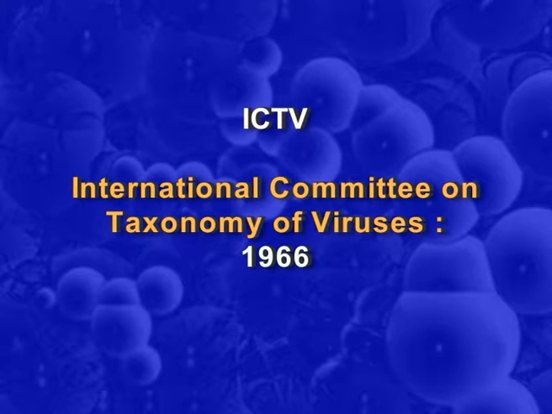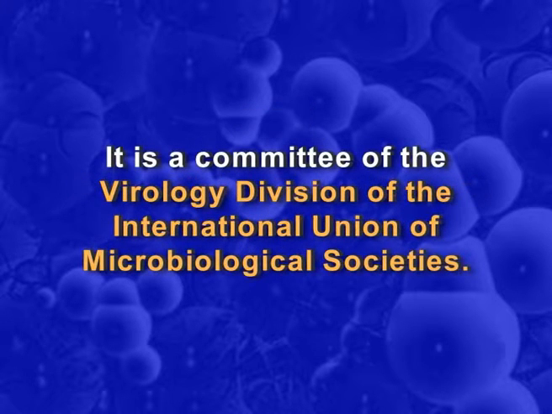Then in the year 1966, the International Committee on Taxonomy of Viruses, called ICTV, was formed. It is a committee of the virology division of the International Union of Microbiological Societies. The speciality about this unit was that they used to meet after every 4 years, and they reanalyzed the data that they had procured, and if necessary the places of the viruses were changed.